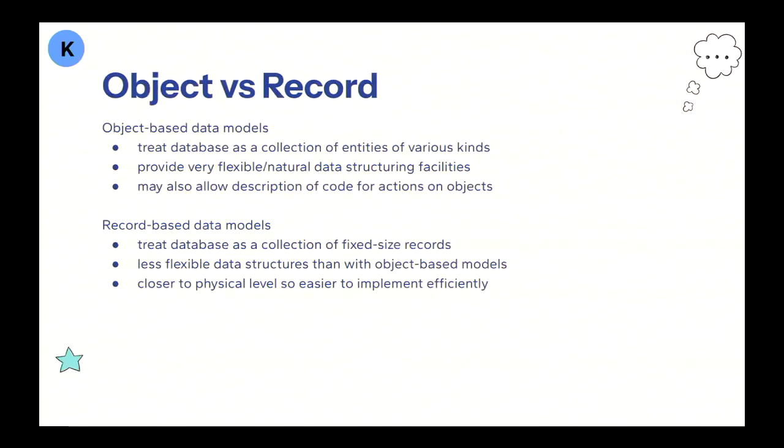As for object versus record, just now we discussed why we still need SQL, and object actually represents NoSQL choices, and record-based data models represent SQL-based approaches. So object-based data models treat the database as a collection of entities of various kinds.